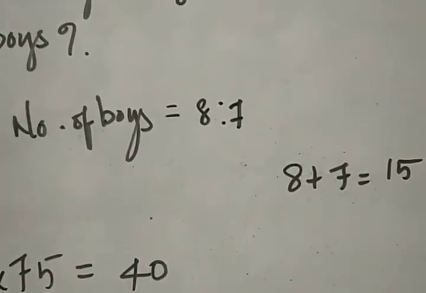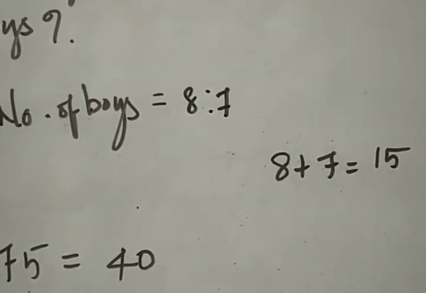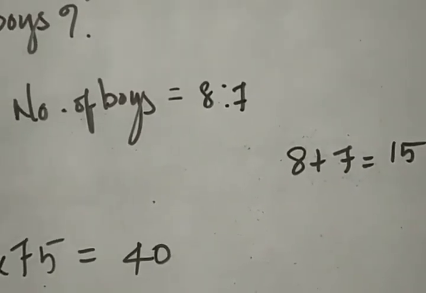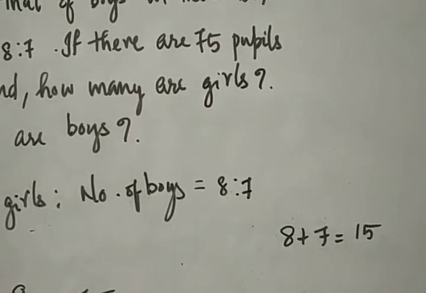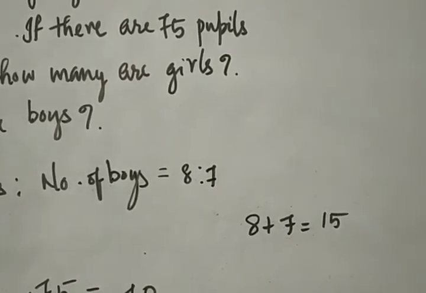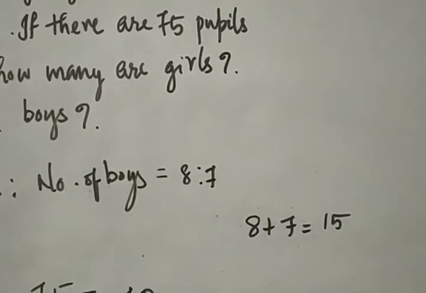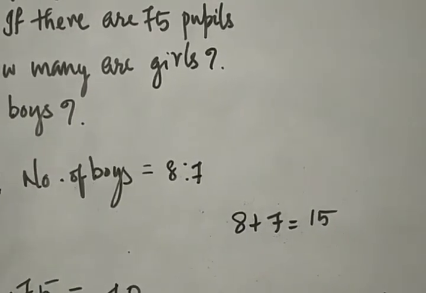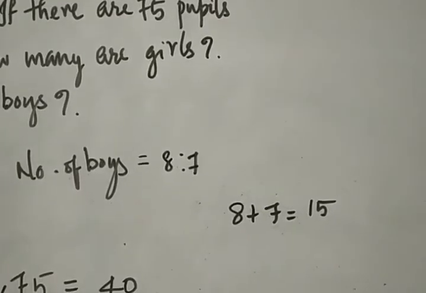So out of 15, 8 are girls, and out of 15, 7 are boys. And what does that mean? We have a total of 75 pupils in that band, and 8 by 15 of 75 people are girls, and 7 by 15 of 75 people are boys.